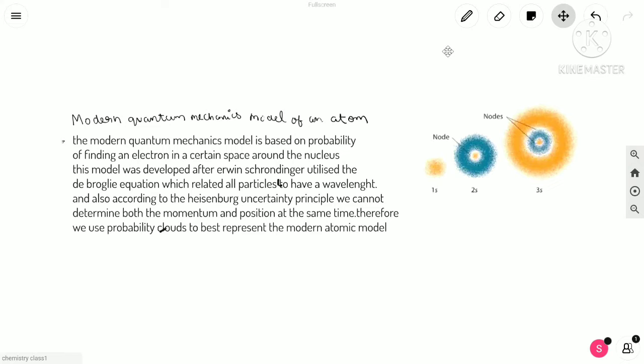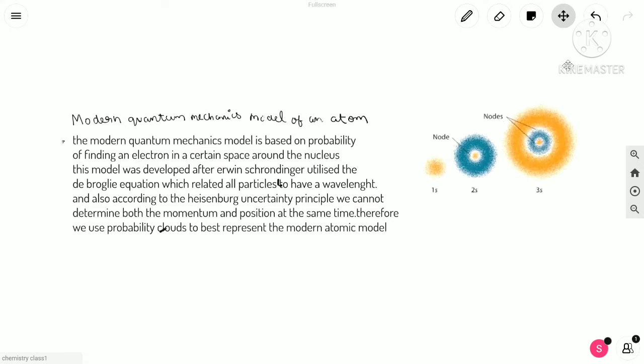Then comes the quantum mechanics model of an atom. So, during the 1930s and 40s, scientists discovered the wave-particle duality, which basically states that any particle you see around, whether you or the device which you're using to see, can also be a wave.